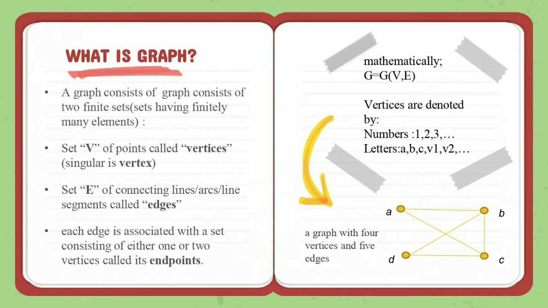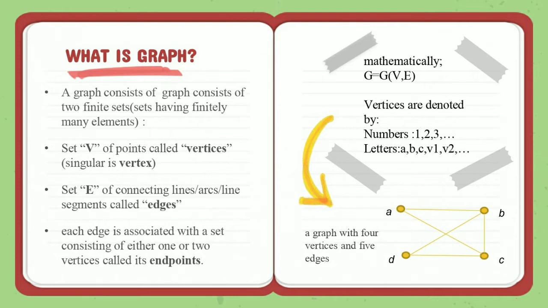So mathematically, G equals (V, E), where V is called vertices, like I mentioned before, and E is called edges.